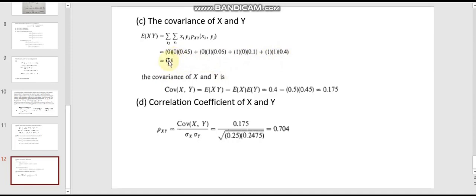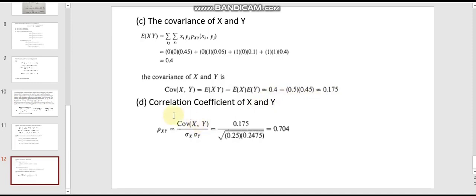So the joint expected value of x and y is equal to 0.4. Incorporating the covariance formula of xy, I will get the covariance as 0.175. Hence I can say that x and y are correlated.